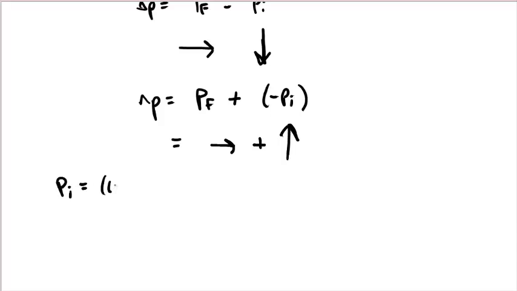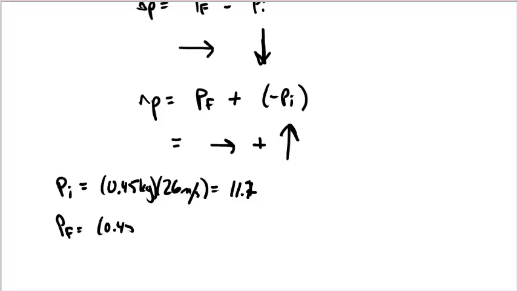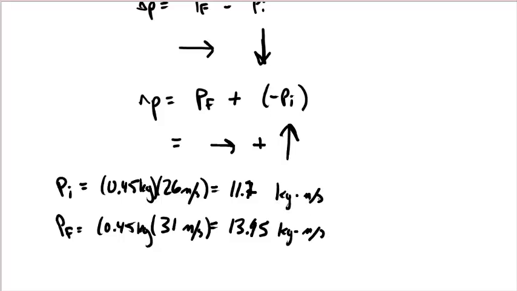P initial is going to be 0.45 kilograms times 26 meters per second, and that works out to 11.7. And P final is 0.45 kilograms times 31 meters per second, and that works out to 13.95 kilograms times meters per second.